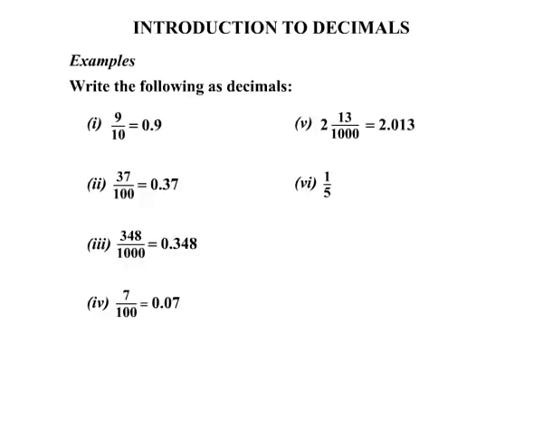Question 6, 1/5. Notice that all the ones we've done so far have been dealing with tenths, hundredths, or thousandths. Now we've got 1/5. Can we change that to tenths, hundredths, or thousandths? Well, we can change the fifths to tenths.